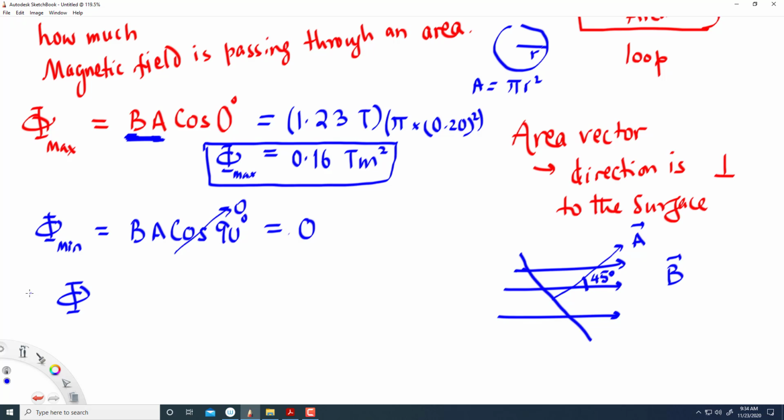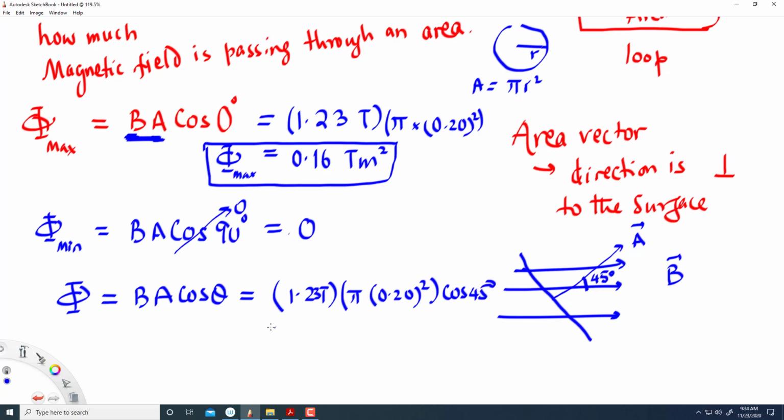So BA cosine theta, B is 1.2 Tesla, A is pi r squared, and then cosine 45 degrees. You already have this value, so you can just multiply this value by cosine 45 degrees. So 0.16 times cosine 45 degrees, which would be about 1 maybe.